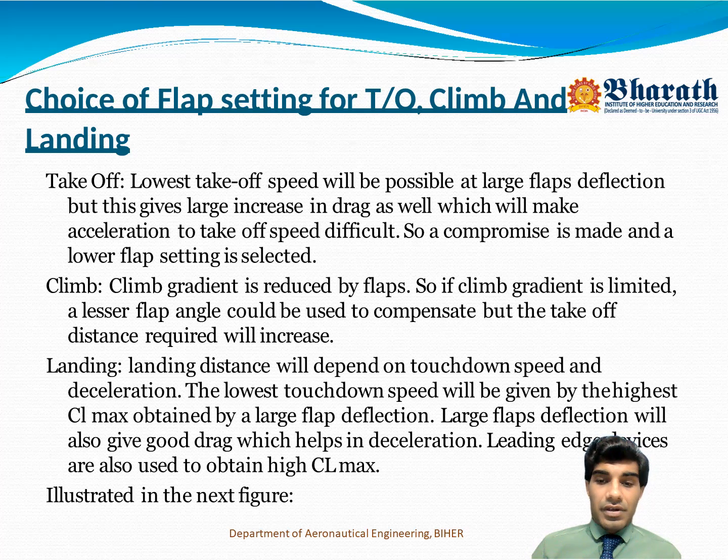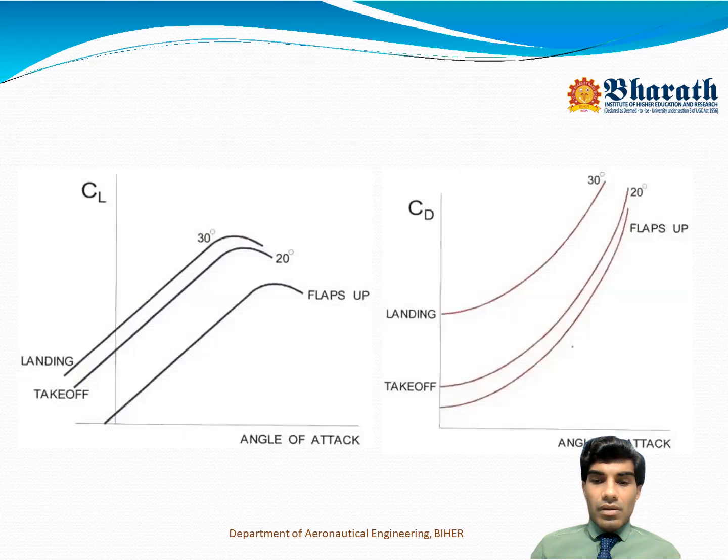We can see in the next figure. As you can see here in the graph, on the left side is the coefficient of lift versus angle of attack, and on the right side the coefficient of drag versus angle of attack. You can see that the angle variation is there, with flaps up and flaps down.